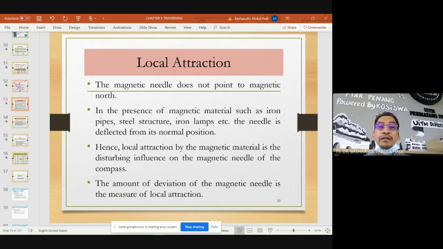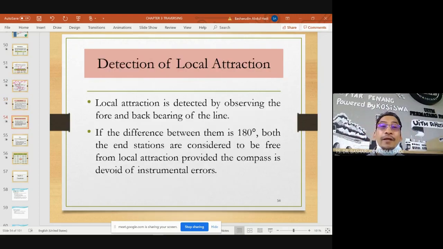Okay, local attraction. You must know that local attraction is normally caused by stainless steel poles, maybe a tie pin, maybe a car, maybe a lamppost, that pull the magnetic compass to their direction. Because of magnetic attraction, your reading is not right, so you must do the calculation.